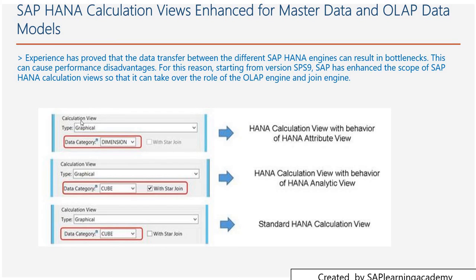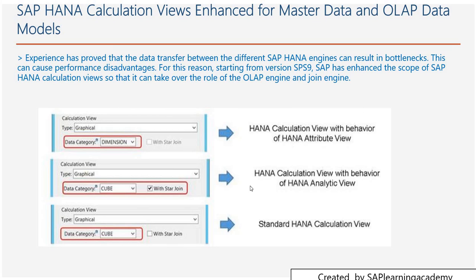You can see in this picture I have three types of calculation view. In the first part, the data category is dimension. Once you mention the dimension, it is like an attribute view and it uses the calculation engine. In the next part of the calculation view, we are using the data category as cube with star schema.